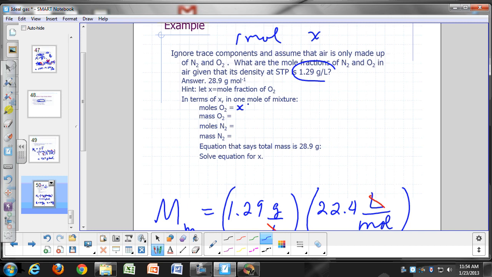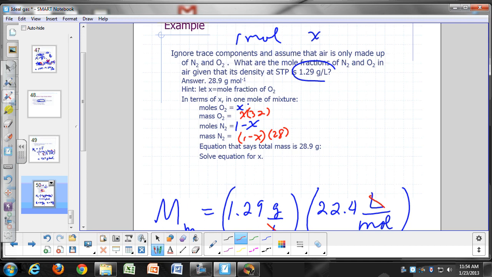How many moles of N2 would you have? 1 minus X. What's the mass of O2? If you have X moles, what's the mass of X moles? X times 32, right? Let's just use 32. And what's the mass of nitrogen? 1 minus X times 28.